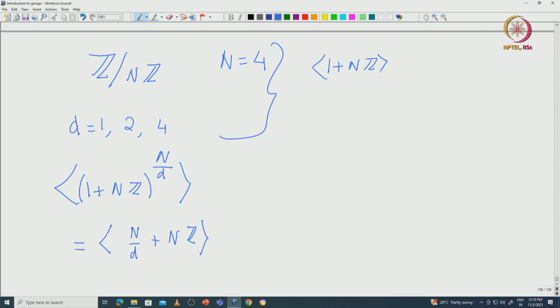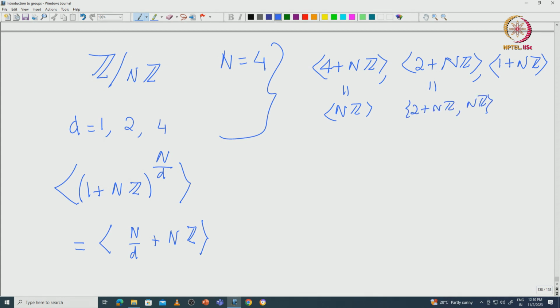So, this is one group, and then when it is 2 then it is 2 plus nZ, and when it is 4 it is 4 by 4. Okay, maybe I should write it like this: 4 here, 2 and then 1 plus nZ. But 4 plus nZ is the same as 0 plus nZ. So, this is just the identity, and this has two elements, 2 plus nZ and nZ, and this is exactly Z modulo 4Z. So, these are all the subgroups of Z modulo 4Z.